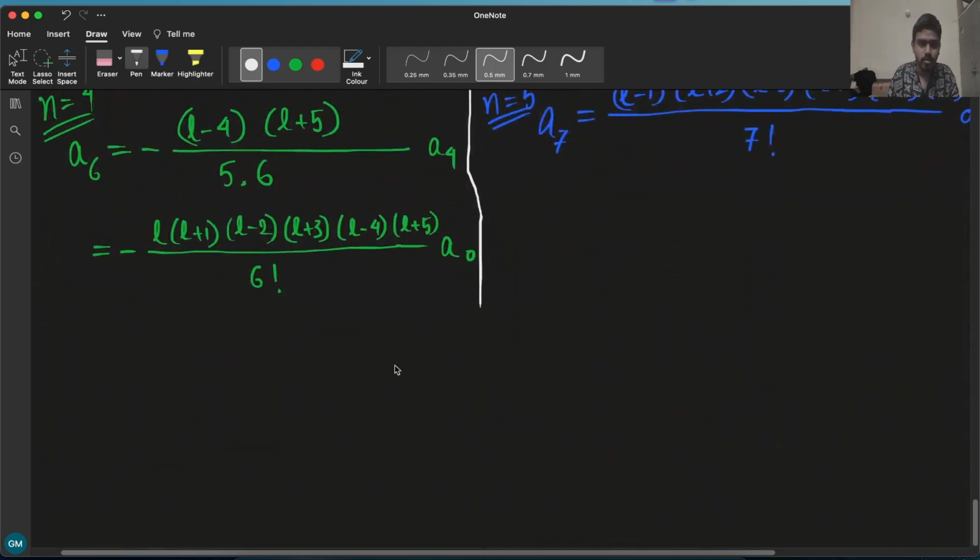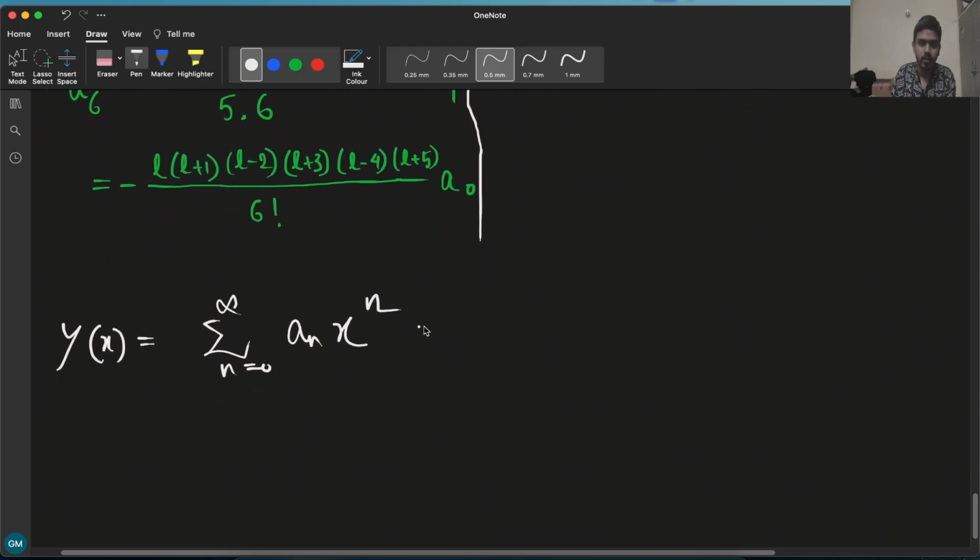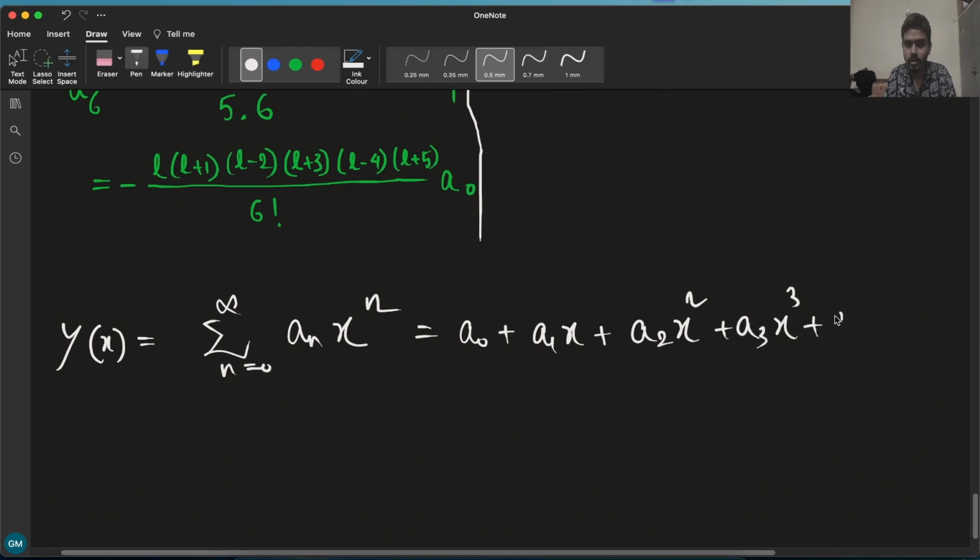So if I put them together, let me write here, y of x equals the sum over n equals 0 to infinity of a_n x to the power n, which is a0 plus a1x plus a2x square plus a3x cube plus a4 x to the power 4 plus a5 x to the power 5 plus dot dot dot.